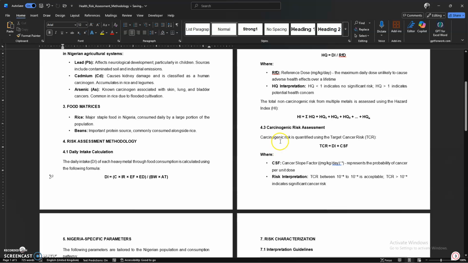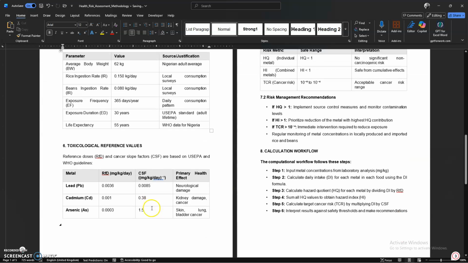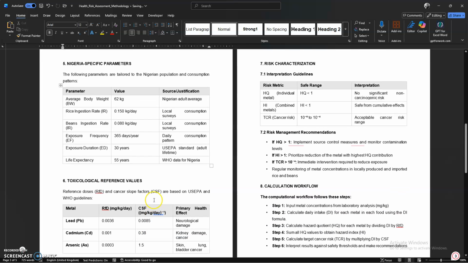Then we can now check the carcinogenic risk. Since we've gotten our daily intake, we'll just multiply by our cancer slope factor. The cancer slope factor is also given. For lead it is 0.085, for cadmium 0.38, and for arsenic 1.5.